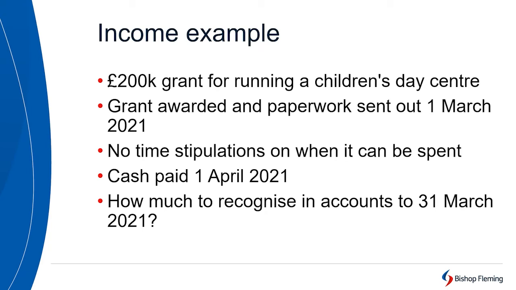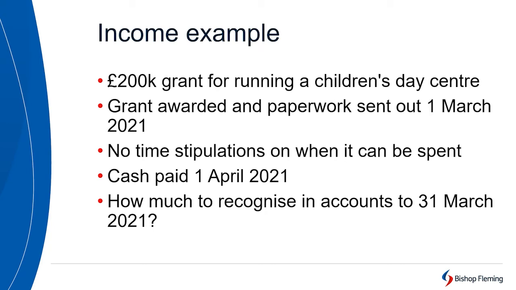The chances are, if you haven't received the cash until post year end, you're not going to have spent much, if any, of that grant in the year to 31st of March. But it's probably a restricted fund because they've given it to you for a specific purpose. So what we would end up reporting in the accounts is, in this individual restricted fund, £200,000 of income and nothing spent. And then in the next year's accounts, we would have a brought forward balance and we would start reporting the spend.